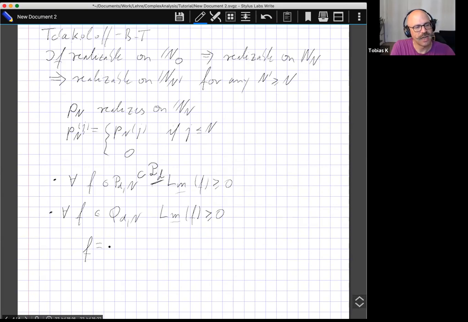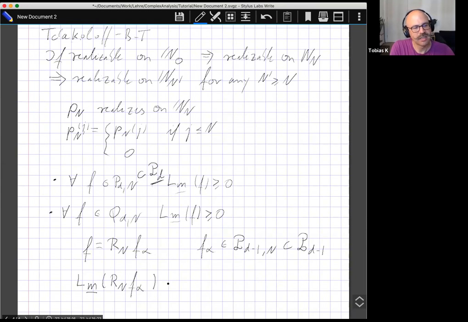But how do these polynomials look like? These polynomials f are of the form R_N times an f_alpha, where f_alpha is an element of the polynomials with d minus 1 zeros and of degree d minus 1, where the largest zero is up to N. But here I can also drop the N. I will make the conditions stronger. Let me write our condition: it means L_m of R_N f_alpha.